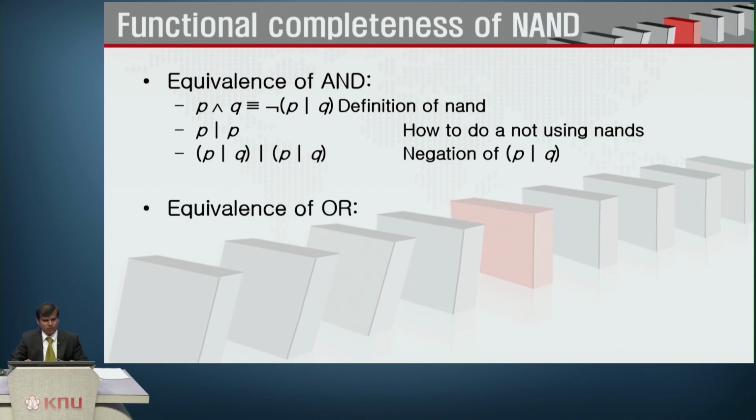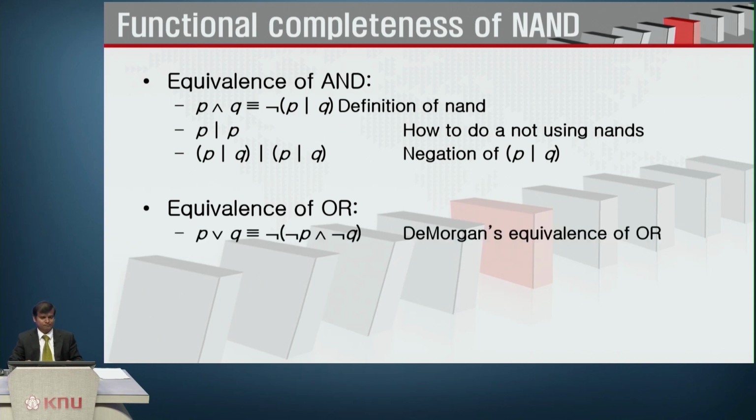Now the equivalence for OR. Because of NOT, AND, OR, the 3 basic operators, you can try to express the extended operators using these 3 operators. That's what we are doing. Once you do that, it means that things can be functionally complete.